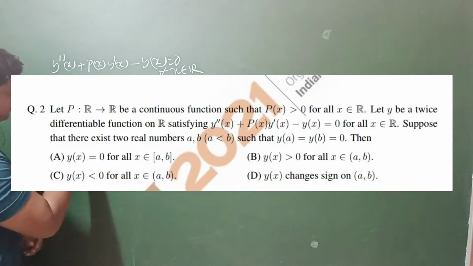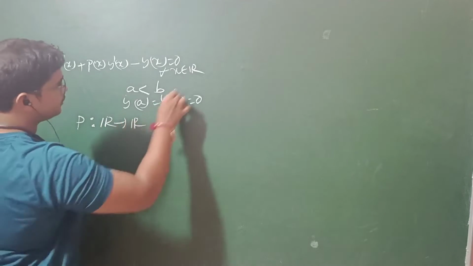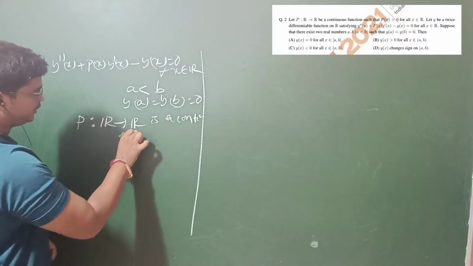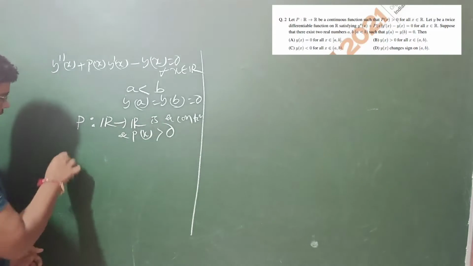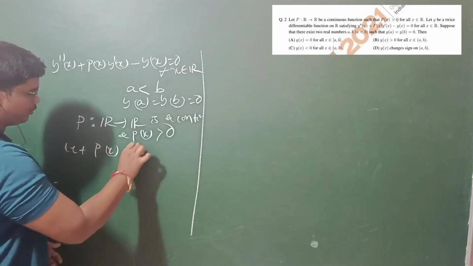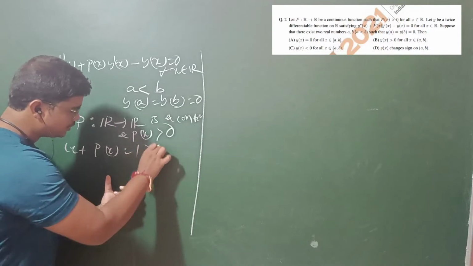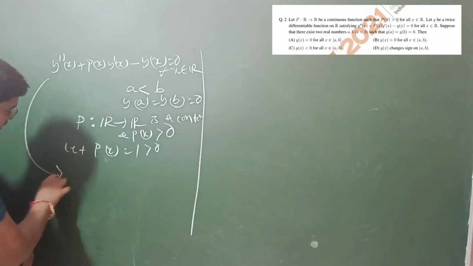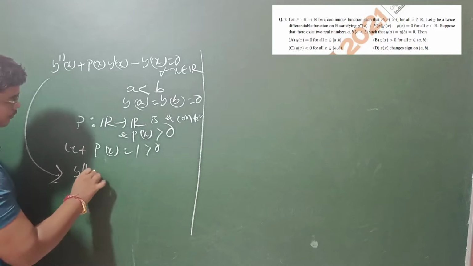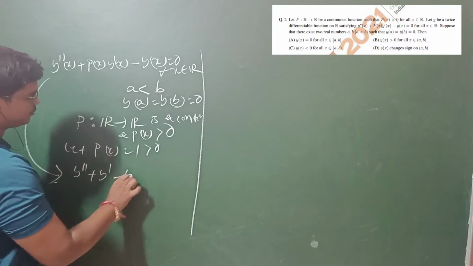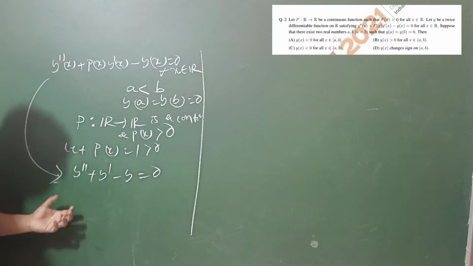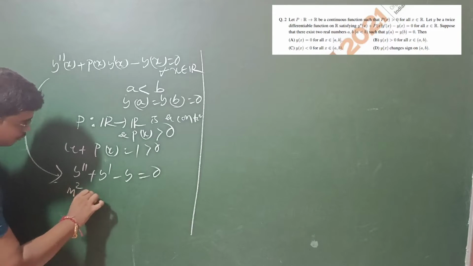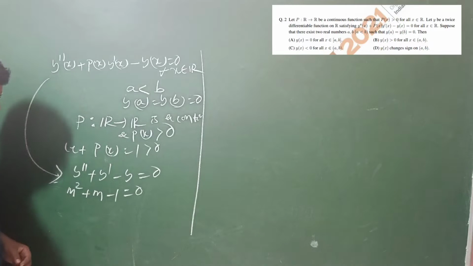Now, given that p from R to R is continuous and p(x) > 0, let p(x) = 1, a constant function which is greater than 0 and also continuous. So I can take the differential equation as y'' + y' - y = 0, for which the auxiliary equation is m^2 + m - 1 = 0.